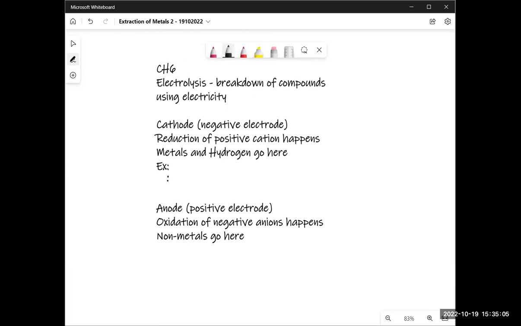Now, one example of this could be H+ + e- gives us H, or 2H+ + 2e- gives us H2 gas. The second could be, let's say, Diana, name any metal. Quick. Iron. So Fe3+ + 3e- will give us Fe.